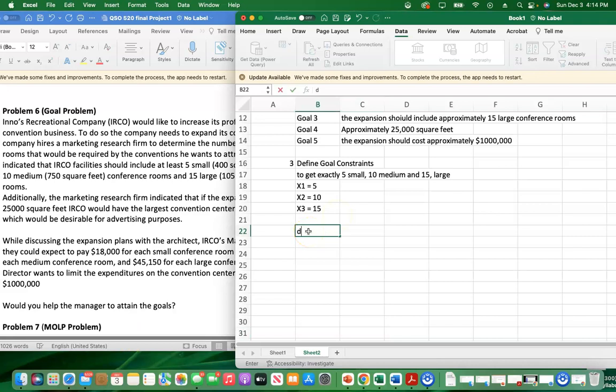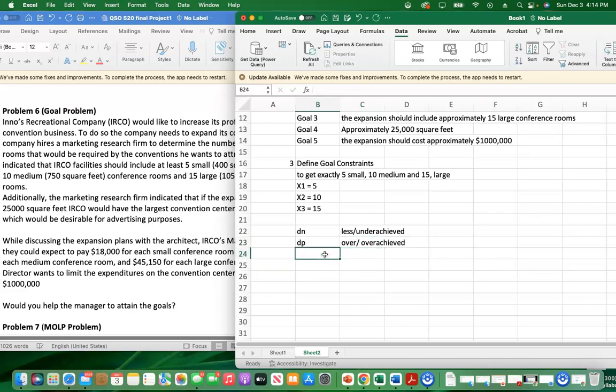So we're going to use dn as less than the goal, or in other words, underachieved, and dp, which is positive, and in this case we can say overachieved.